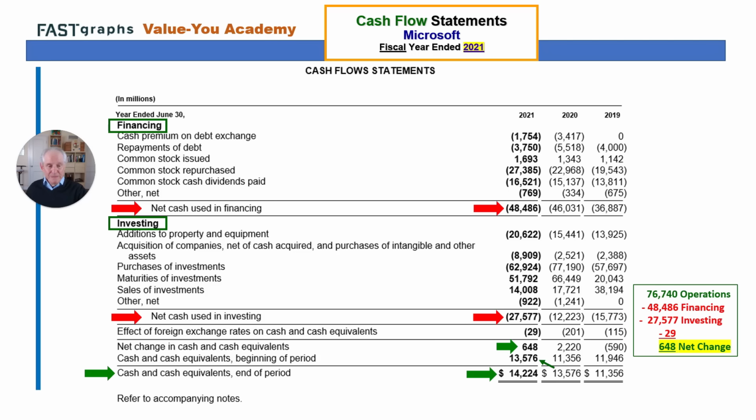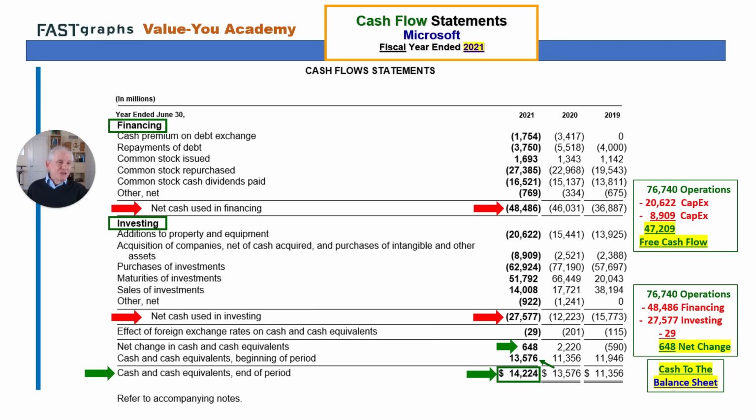That adds to the beginning cash, giving us the ending cash that goes to the balance sheet. There it is. They really had 14.2 billion in cash available on the last day of the fiscal year, the day we did the balance sheet. All right, so this is the cash to the balance sheet.